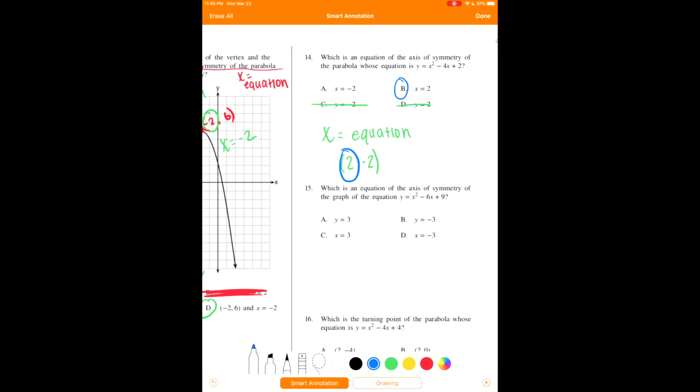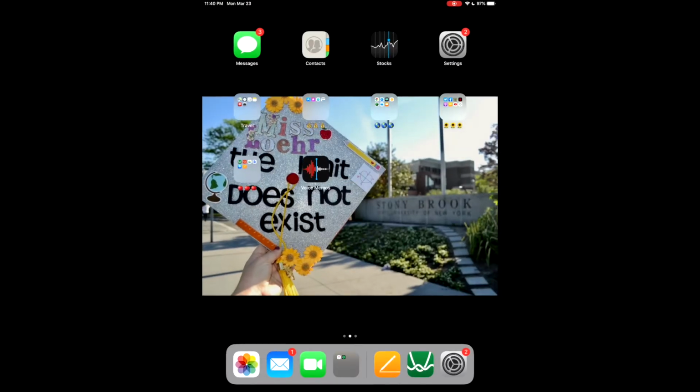For number 15, which is an equation of the axis of symmetry of x squared minus 6x plus 9? Same thing as number 14. I'm getting rid of any y equals choices because it's always an x equals equation. And then I'm going to find out what the coordinate is for the vertex. So x squared minus 6x plus 9.